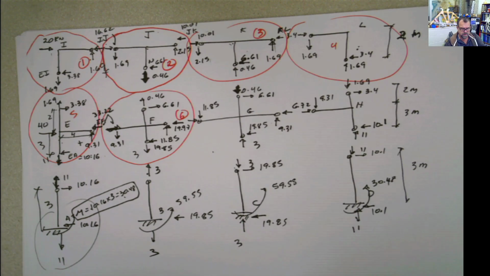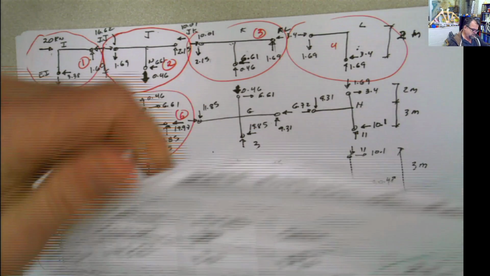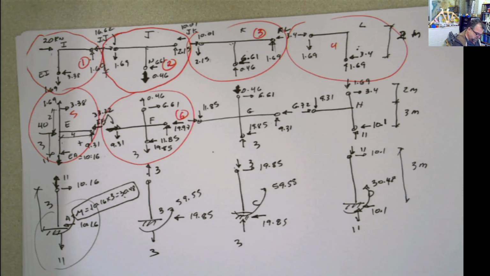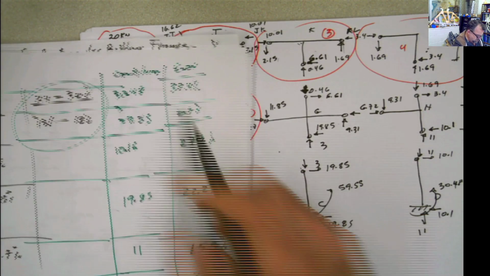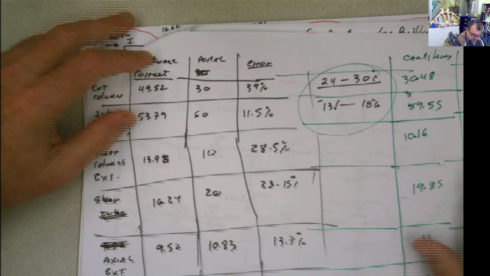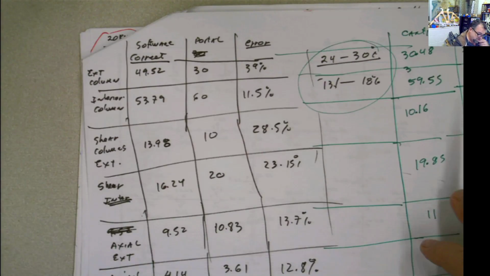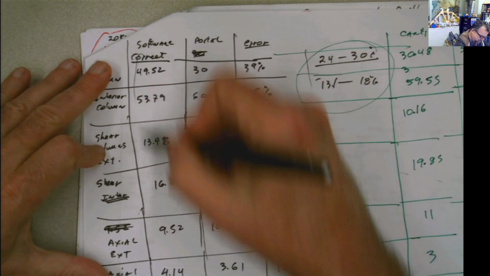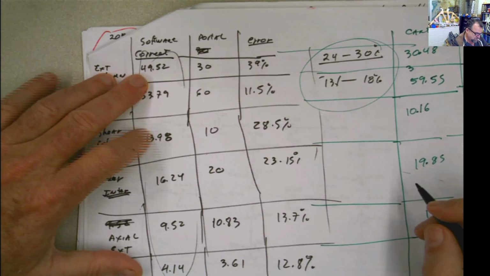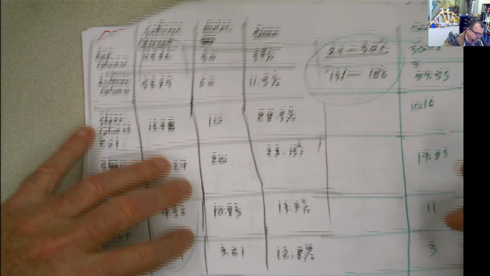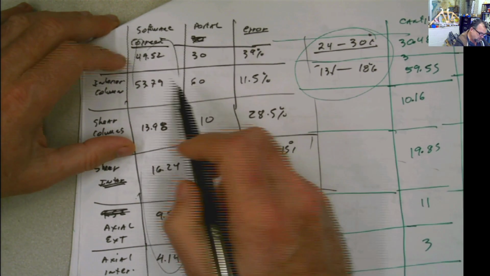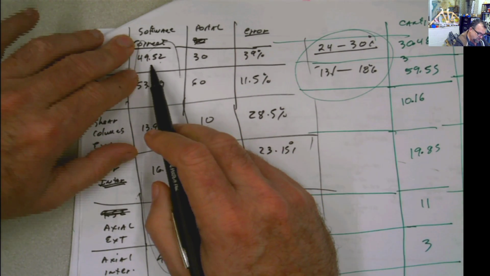Yes, you see, this is the same problem that I just did, and this table is a table that I prepared. I used software in order to solve the correct values of the reactions and the columns. In this case, these are the moments at the columns. This is the correct value of the software.